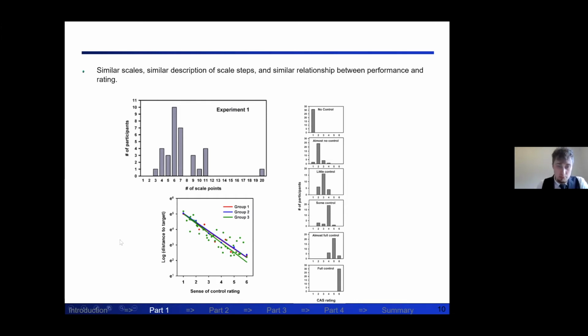But when we then plotted log distance to target as a linear function of sense of control, we can see that they all follow the same function. So basically, the conclusion seemed to be here that although people may have a different preference in how many scale steps to use, they seem to describe their degree of control quite similarly and have a similar sense of control to accuracy relationship.